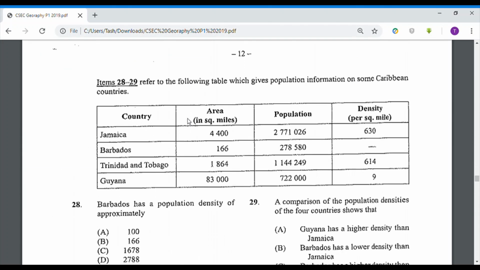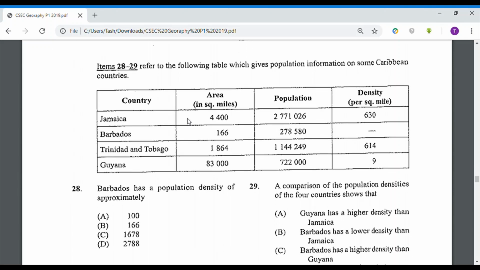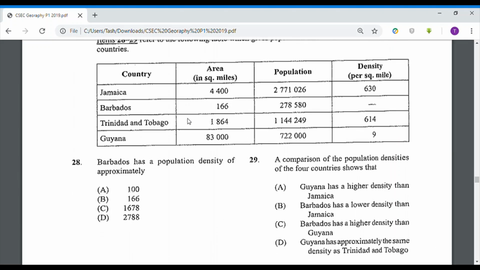Number 28 and 29 will use this specific table. So 28, Barbados has a population density of approximately, and it gives you the options. How do we find population density? Density is basically referring to the amount of persons within a square mile of an area.